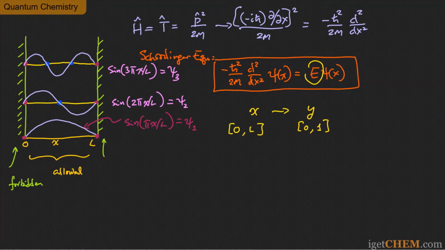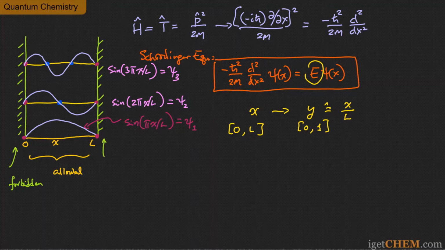And so you can easily see that if I define y equals x over L, then the value y would be between 0 and 1. And that just makes the mathematics a little simpler. So let me just do that.